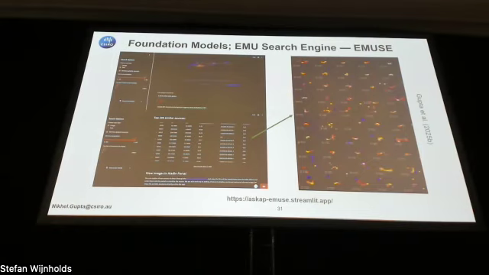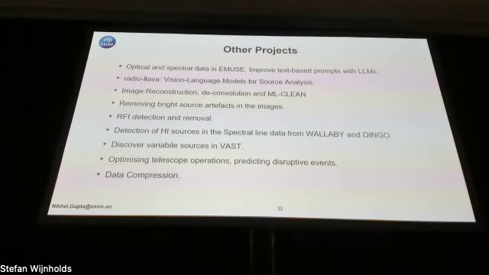And with some 200 sources, you can see that the top sources are pretty much all band-tailed radio galaxies. There are other ideas that we are developing or working on. The first thing is making this app even more usable with more data, optical and spectral data, and of course adding more and more EMU data as it comes in.